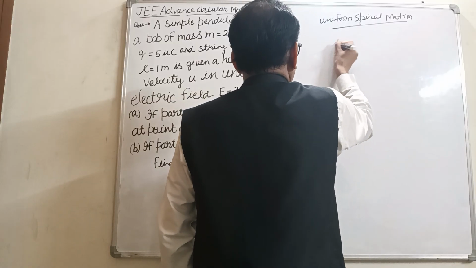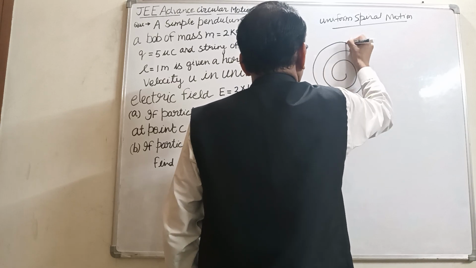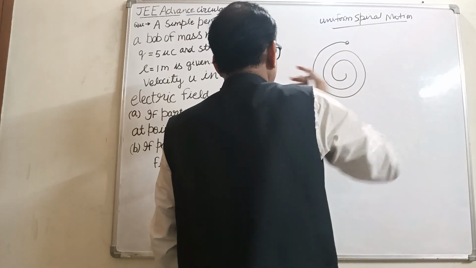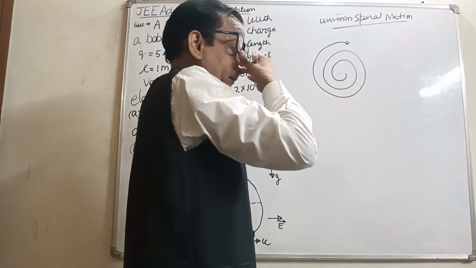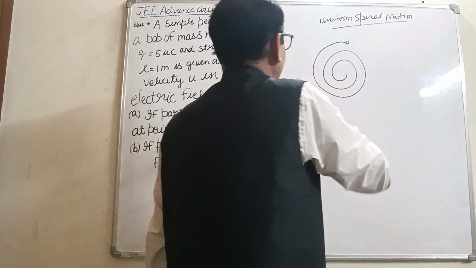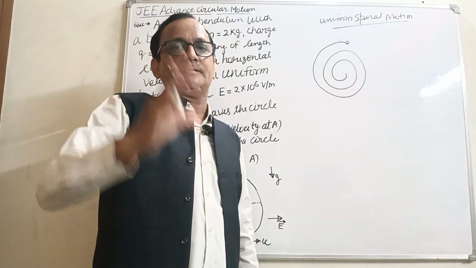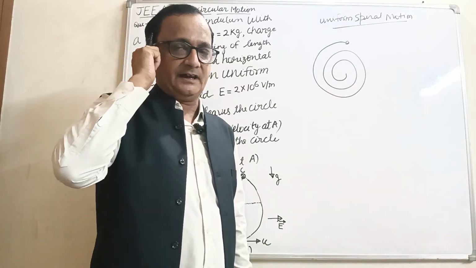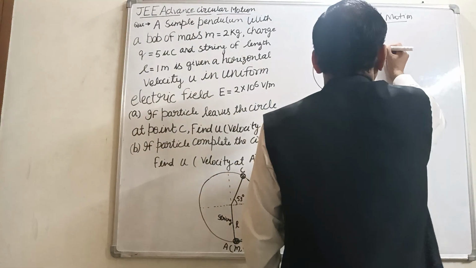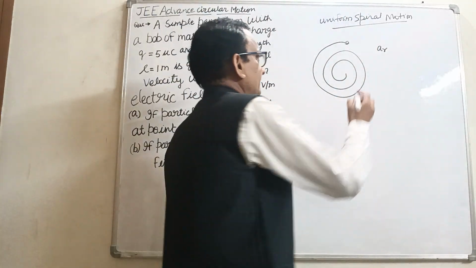So spiral motion is like this, the object movement is here to here, and radially it is having a radial velocity in spiral motion. So either it shrinks or expands, the motion is shrinking or expanding here. So we write here this is a_r, this is radial acceleration.